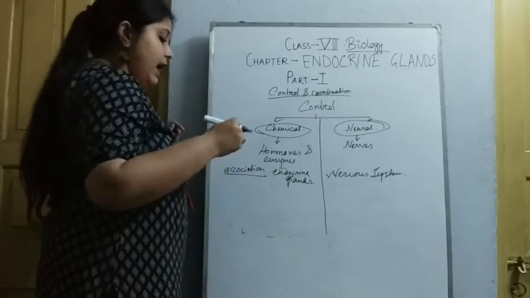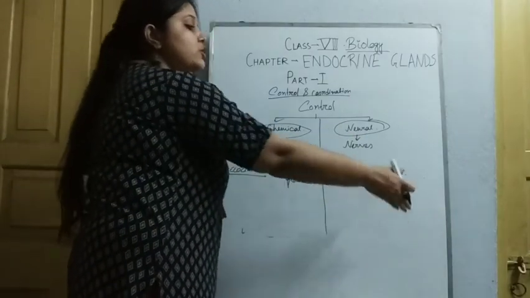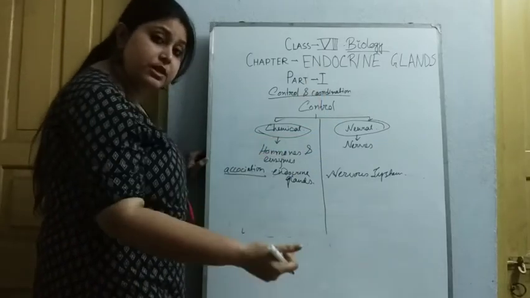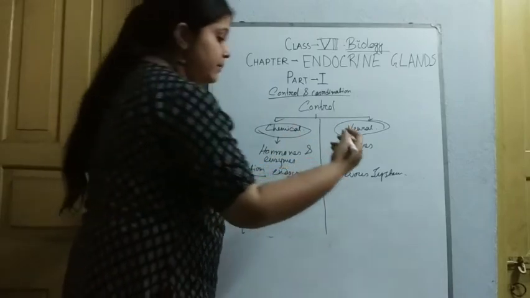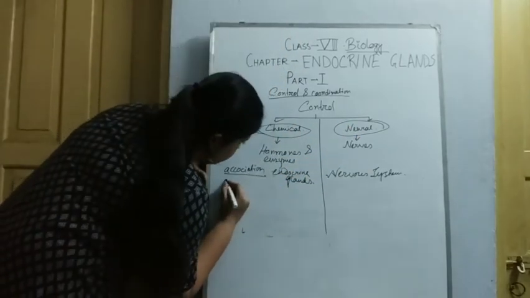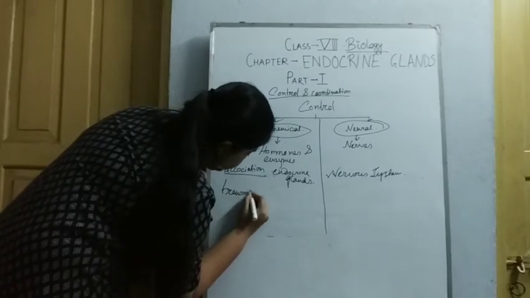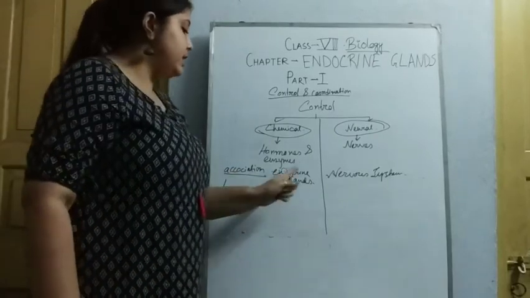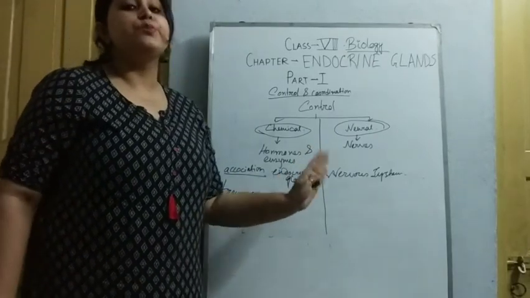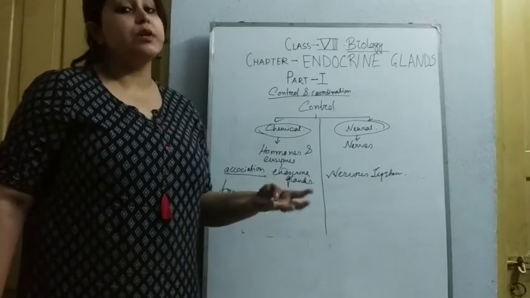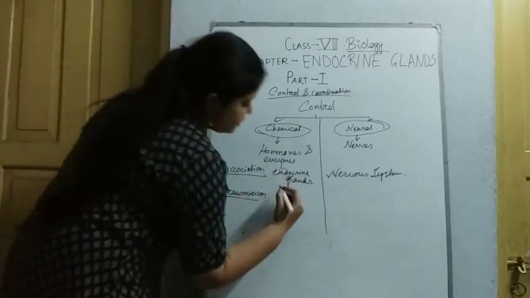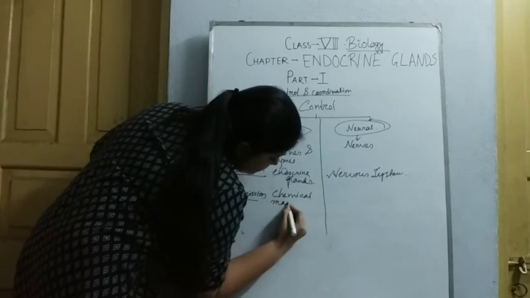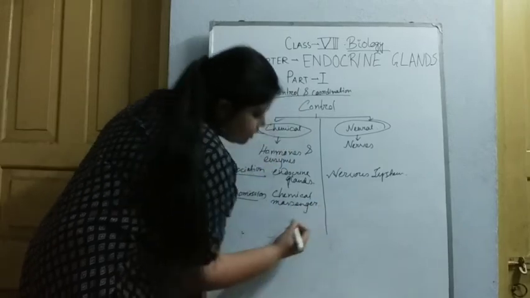Secondly, the nervous system produces nerve impulses to transmit the messages. The transmission in chemical control is mainly done by the endocrine glands, which produce hormones. A hormone is nothing but a chemical messenger, so the transmission is done by the chemical messenger through the blood.